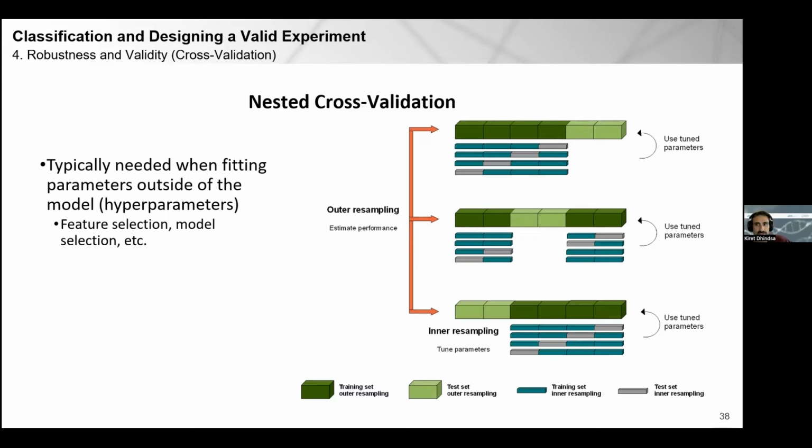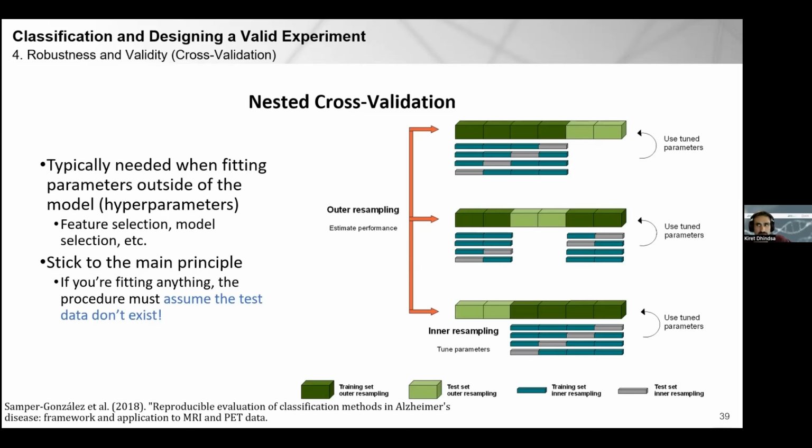These cross-validation loops can get arbitrarily complicated, and there's both a science and a kind of art to designing these. But in general, whenever I teach this with students or lecture about this topic, you should be safe if you stick to the main principle, which is basically if you're fitting anything, assume the test data don't exist.